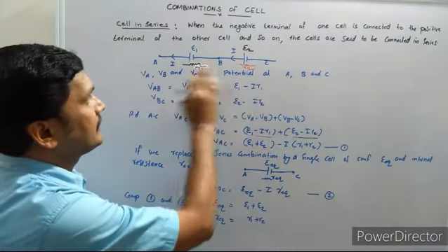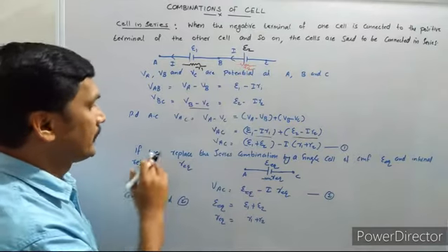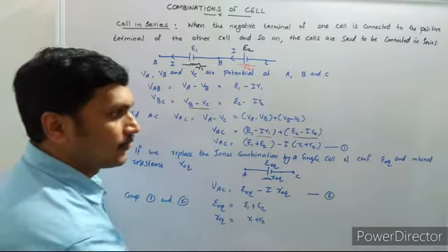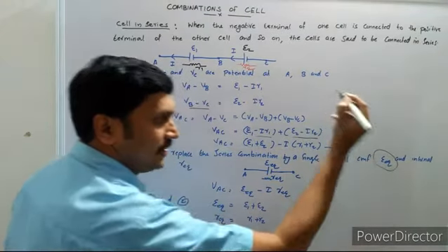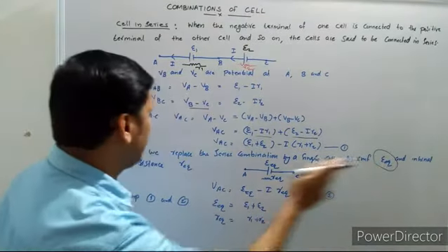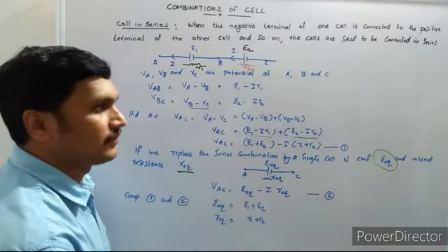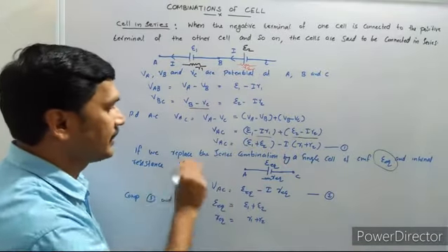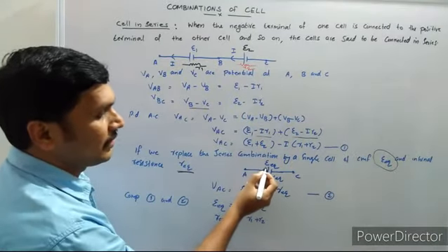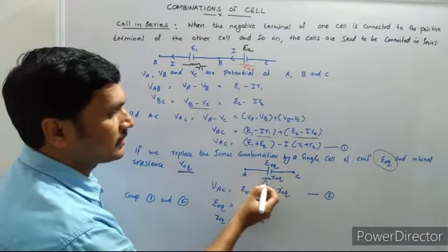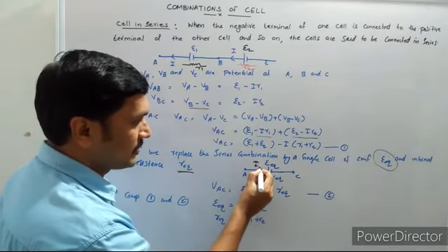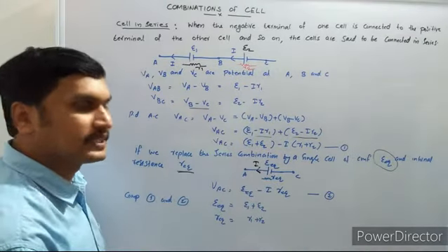Now if you replace the series combination by a single cell of EMF E equivalent, the effective value of E1 and E2, and internal resistance R equivalent, the effective value of the internal resistance, then between A and C we connect that single cell having EMF E equivalent and internal resistance R equivalent. Then I is the current drawn from that equivalent cell.